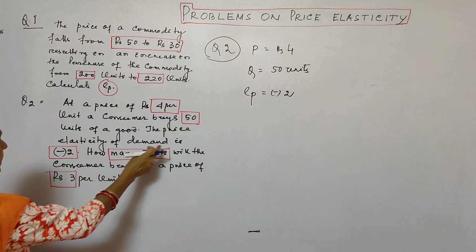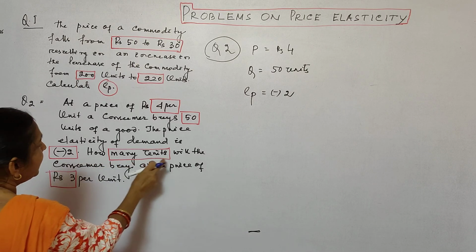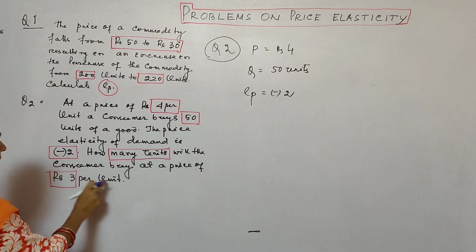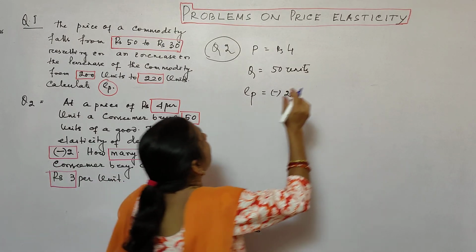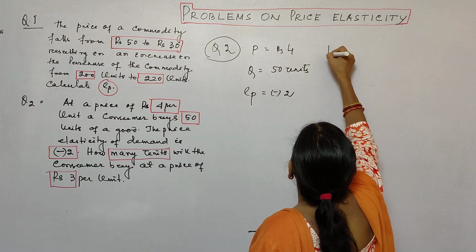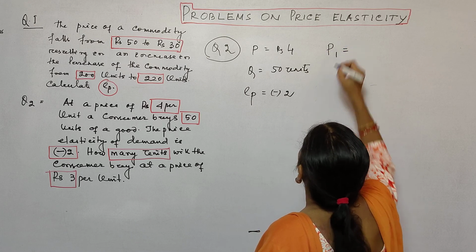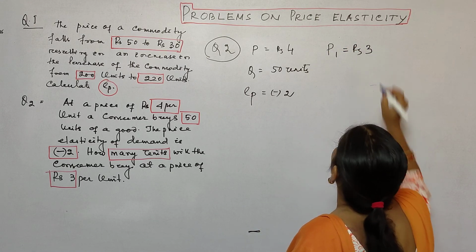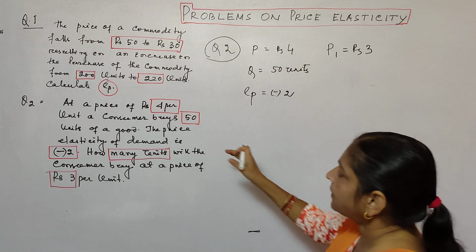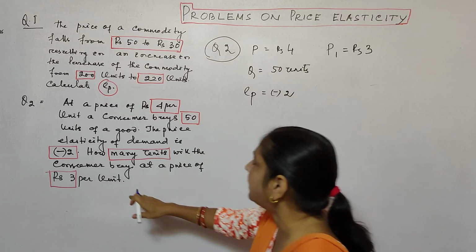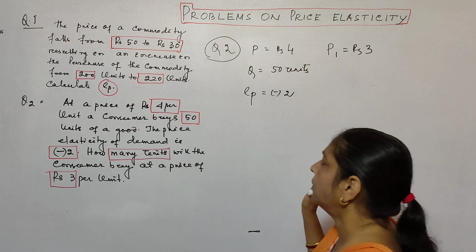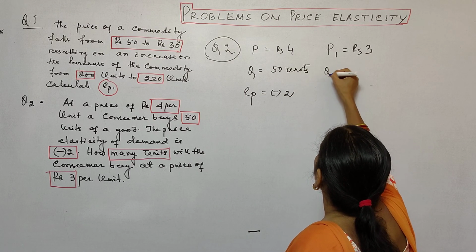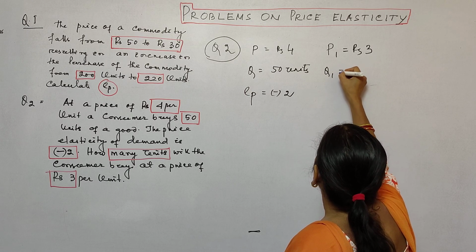Now what has been asked to find out? How many units will the consumer buy at a price of rupees 3 per unit? So P1 is rupees 3. When the price is 3 per unit, how many units will the consumer buy? That means they have asked us to find the final quantity.